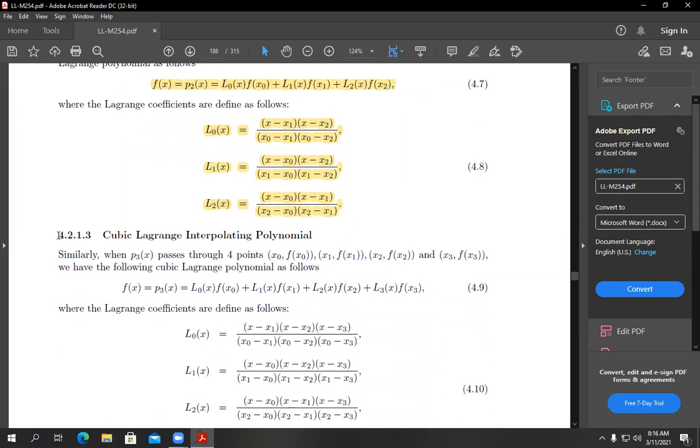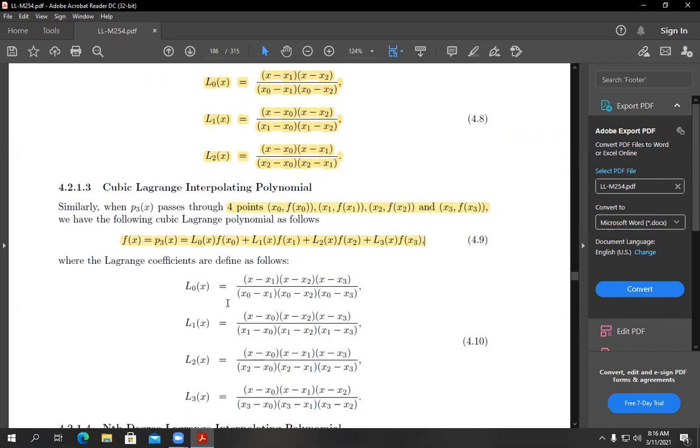If you go further and extend the formula, this is called the cubic Lagrange polynomial, and the cubic Lagrange polynomial we call degree 3. For degree 3, as I told you, we need 4 points. This is the formula for degree 3.